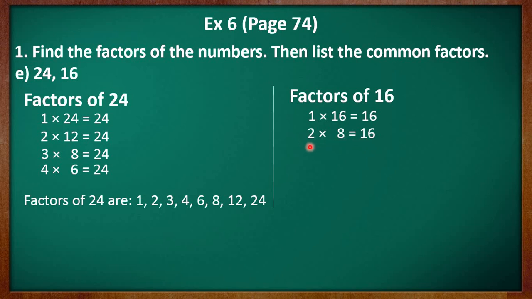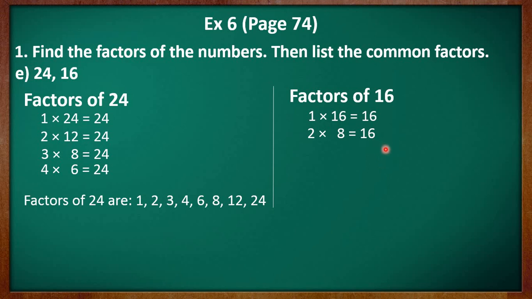So the multiplication fact 2 multiplied by 8 is equal to 16 will give you two factors, which are 2 and 8. Now you cannot divide 16 by 3 completely. So you may say that 3 is not a factor of 16.